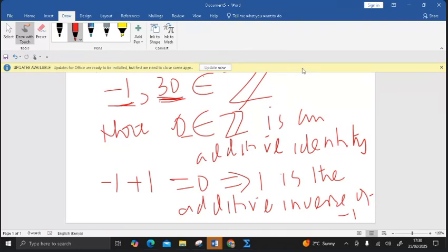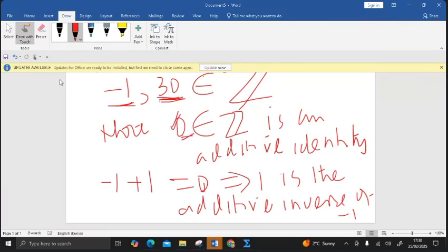Now, what is the additive inverse of 30? That number, when you add it to 30, you will get the additive identity. It is -30. Come on, 30 plus -30 is 0.